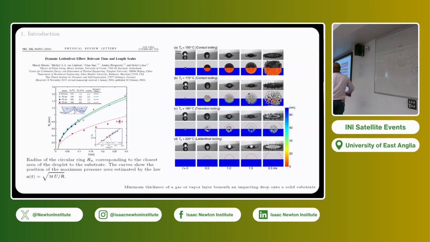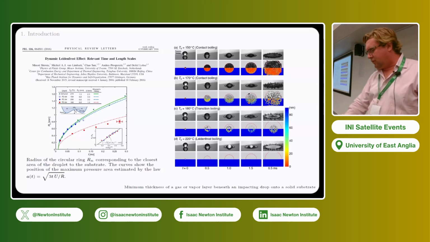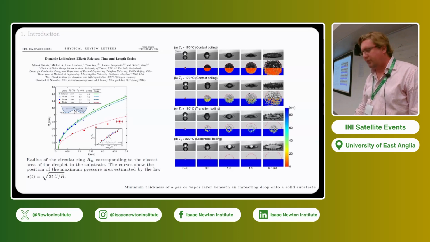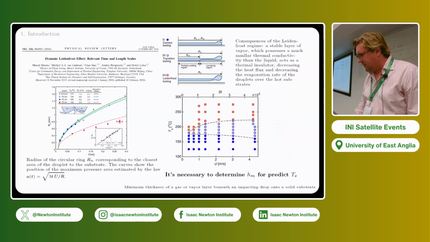So for different temperatures of the solid you have different regimes, and they observe that the minimum thickness in this vapor layer beneath the drop evolves as the square root of 3 times the dimensionless time, a result from the Wagner theory.